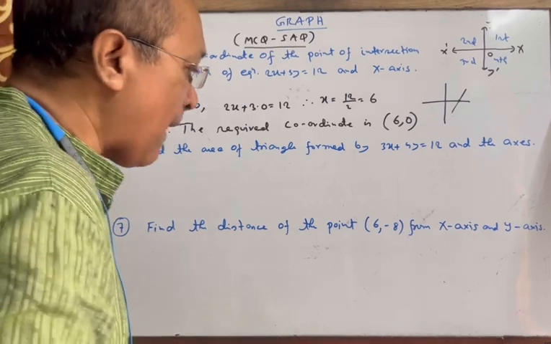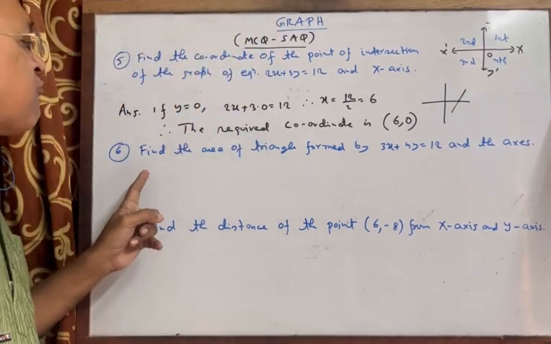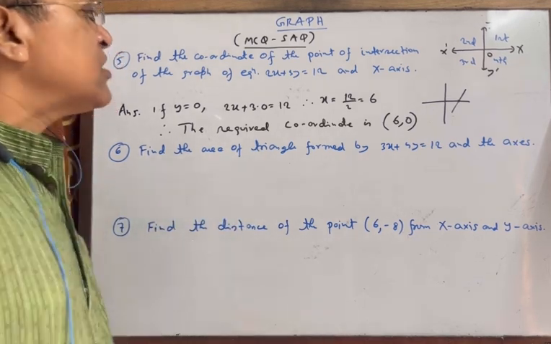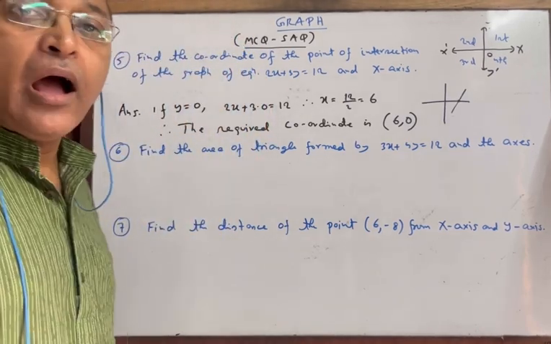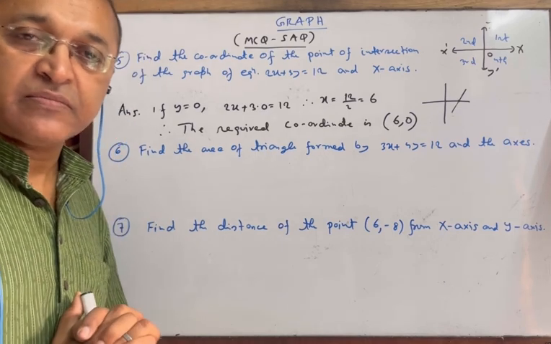The next one is: find the area of the triangle formed by 3x plus 4y is equal to 12 and the axes. And the axes means both the axes.